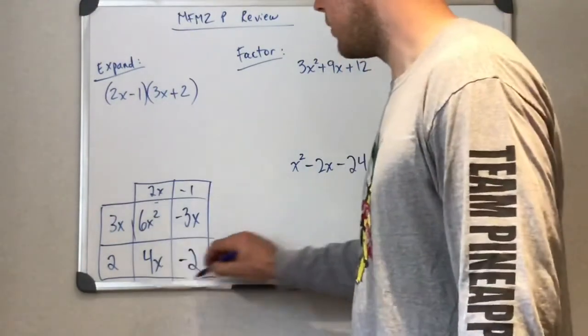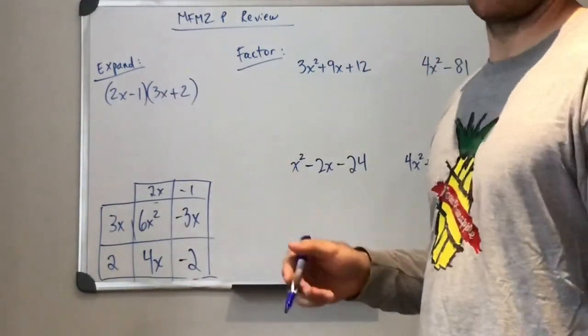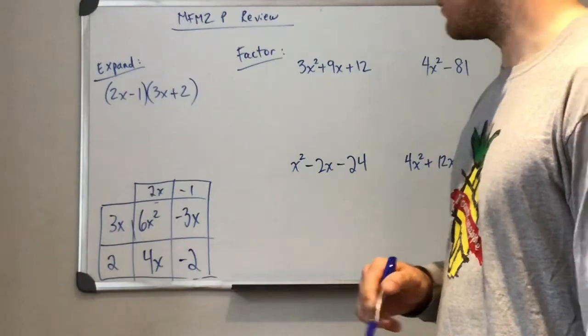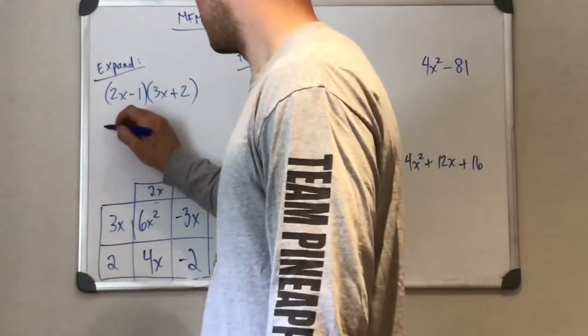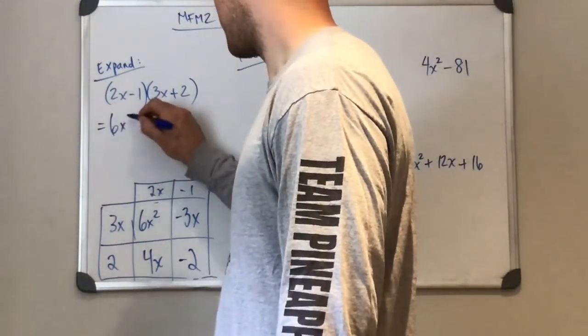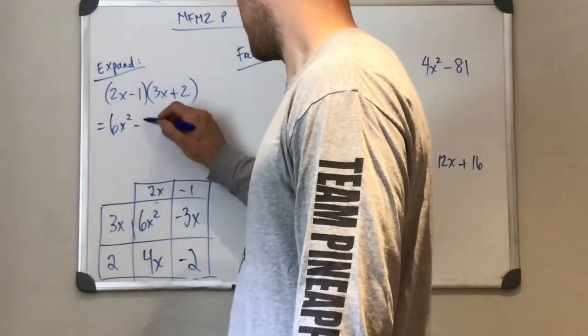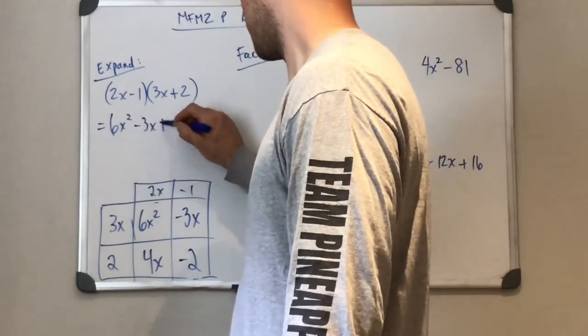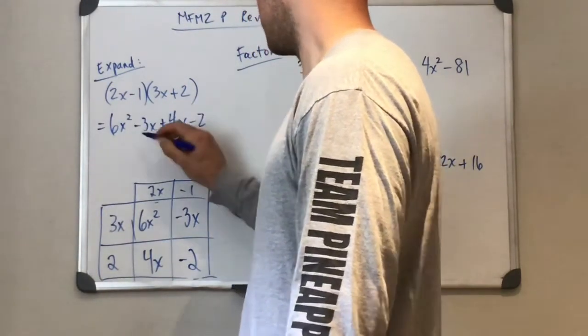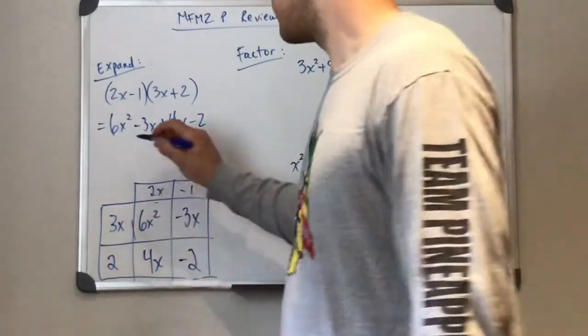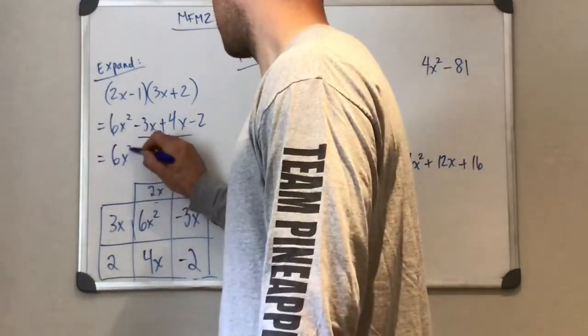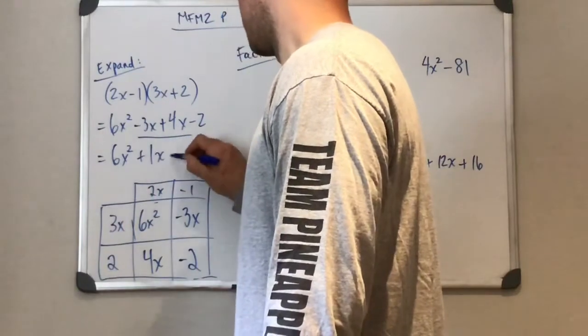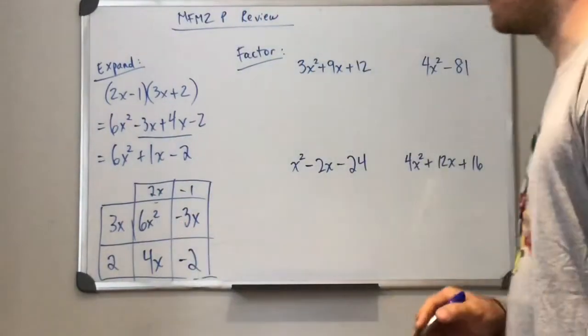We would put all of this together, and that would be our answer. So we have 6x squared minus 3x plus 4x minus 2. These two here are like terms. So we have 6x squared plus 1x minus 2, and we're all done.